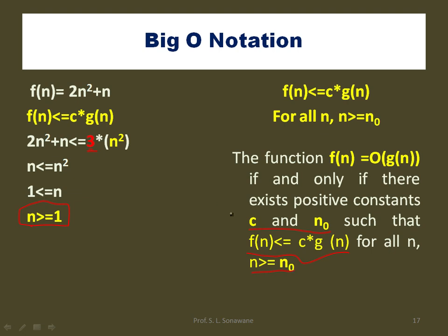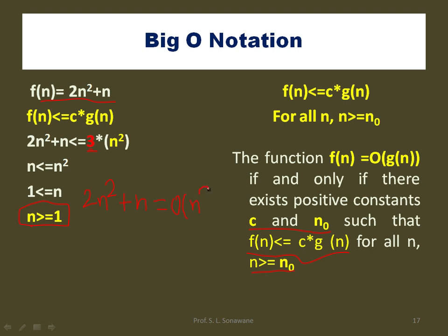So therefore we can say that this function f of n is equal to 2n square plus n. So we can write that the function f of n, that is 2n square plus n, is equal to big O of, now its term of order is n square.